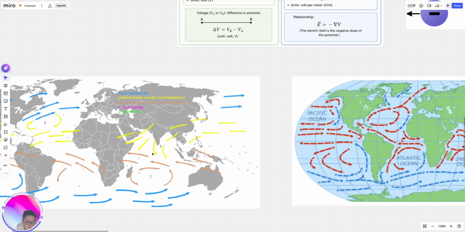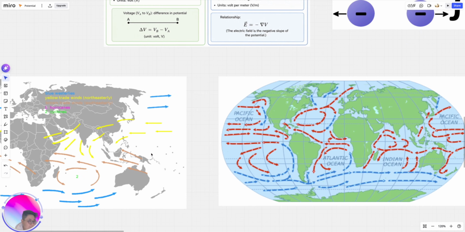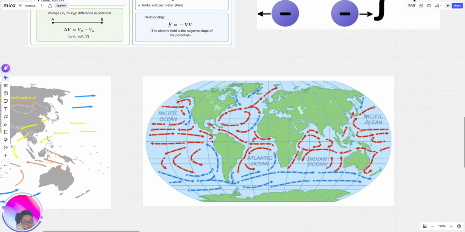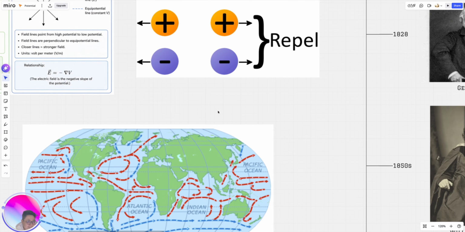And hence low pressure attracts the wind from the high pressure, causing the wind to flow. And same as the sea current, the sea water often flows from low temperature to high temperature, if I remember correctly. And that's it.